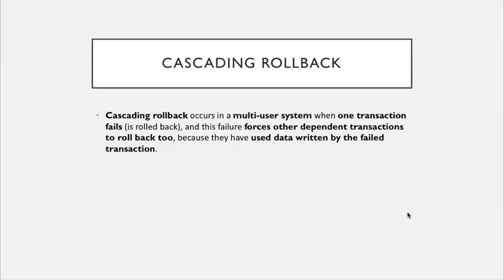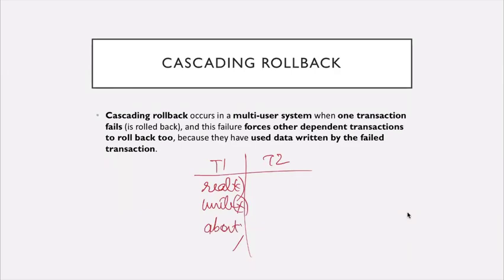Sometimes, when we are rolling back or undoing the operations of a transaction, say read X, write X, and let's say there is an abort here and there is a failure, you have to undo the operations of this transaction. This is called a rollback.